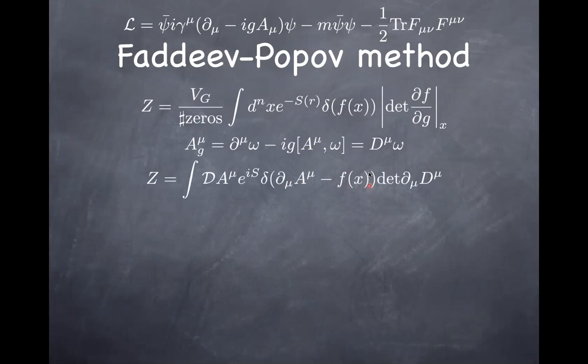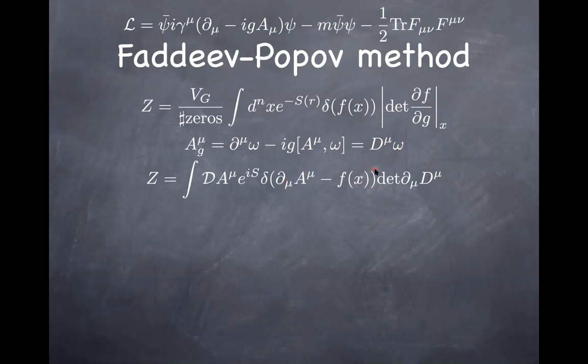So that's the delta function I need to stick in. But what we have learned is that you need to look at this Jacobian by doing a symmetry transformation on the function. And we know how the symmetry transformation works on the gauge field. Infinitesimally, it's just given by this gradient times this commutator, which we can write in a compact notation as the covariant derivative acting on the infinitesimal gauge variable omega.